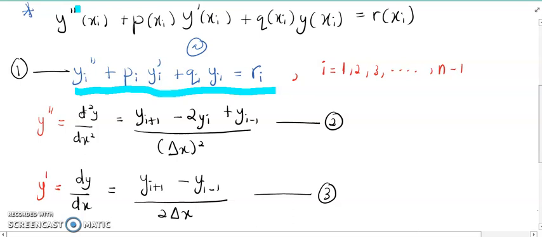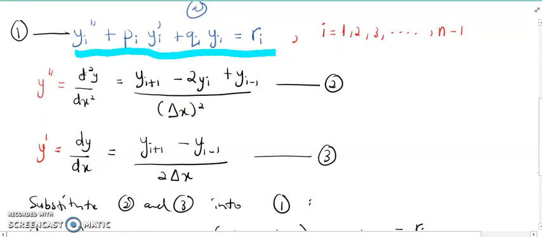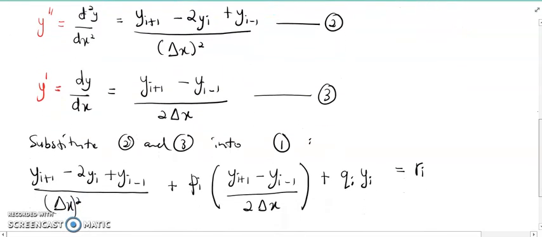Next, I can substitute equation number 2 and 3 into equation number 1, and I will get something like this. This is the y double prime, and this is the y prime.